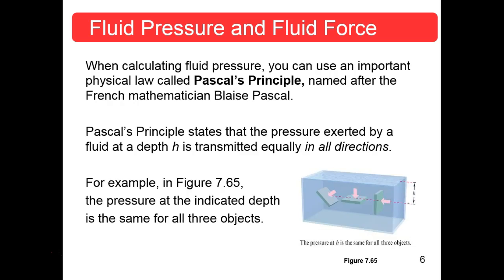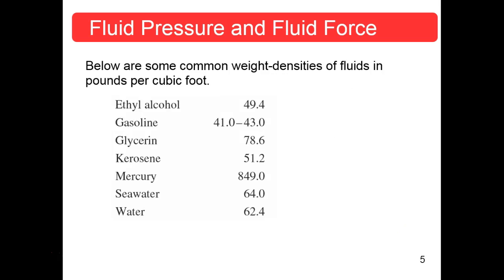Now, remember on this slide, I said it's unusual they're doing pounds per cubic feet. I said you would think they'd use newtons per cubic meter, right? That's the SI unit. Well, guess what a newton per square meter is called? Pascal. They named the unit after him.